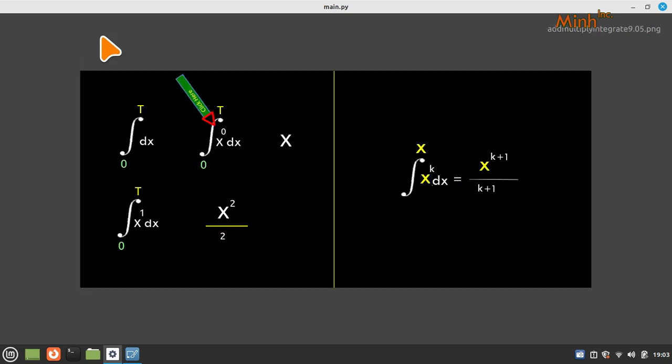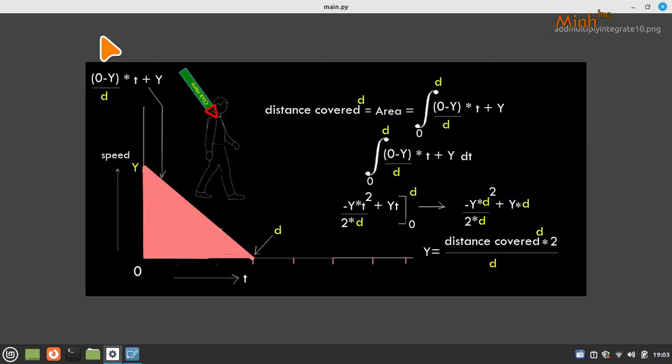Now in the lab session, as per the discussion, a man is walking in a market and is coming home. He starts at y kilometers per hour speed and decelerates at a constant rate, and when he reaches his home, after d minutes or seconds or hours, whatever, his speed is 0.